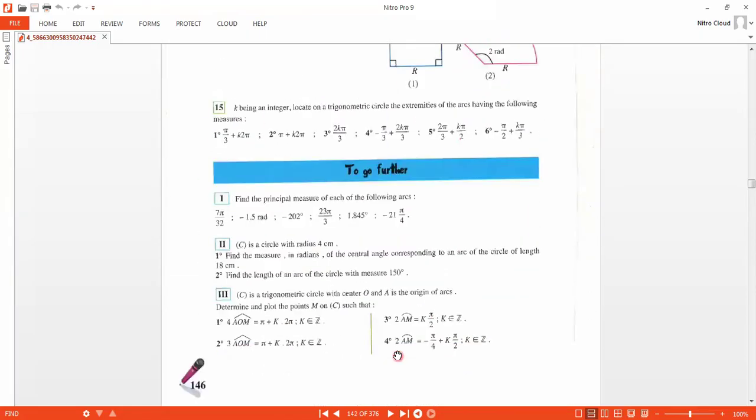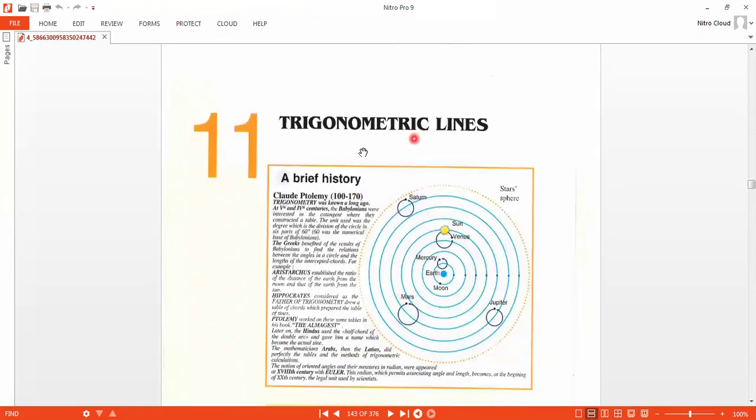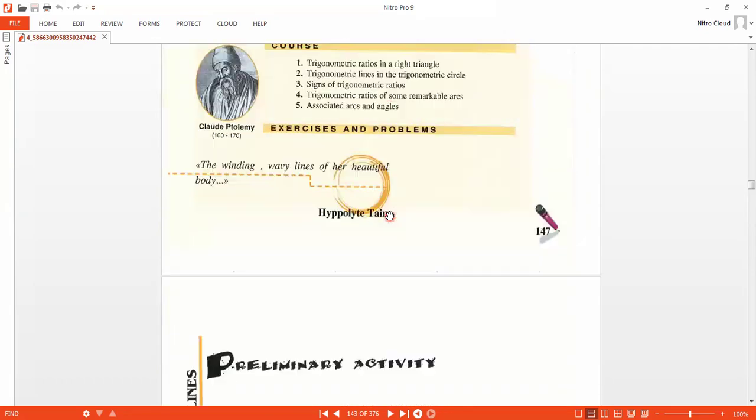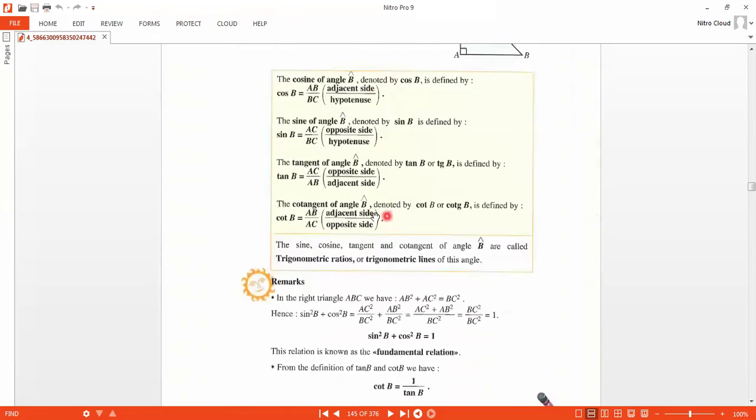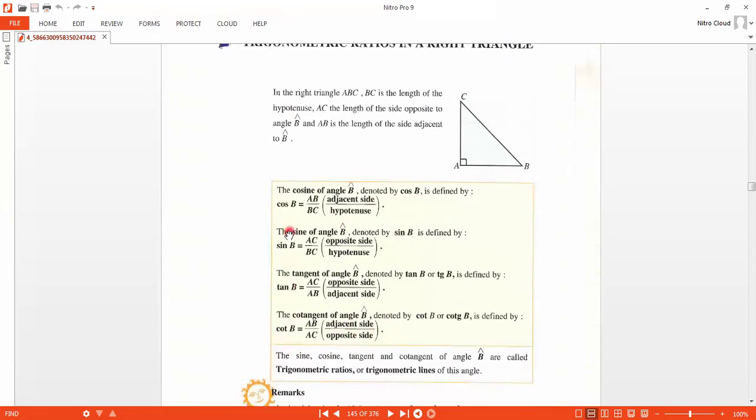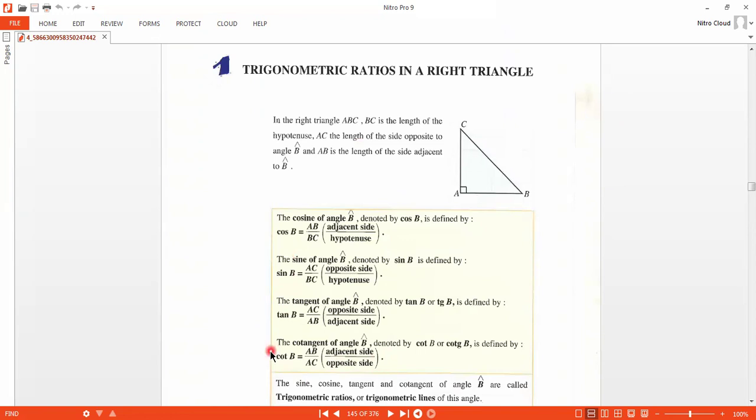In chapter 11, we're going to talk about trigonometric lines. We're going to go back to the circle and its orientation. Let me first remind you of the things that we have learned last year, which is the trigonometric ratios in a right triangle. You know that we can only use the trigonometric ratios in right triangles, okay?